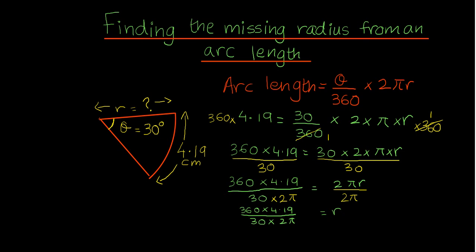And let's see what value we get for this. 360 times 4.19, just using my calculator, divided by 30, and we will divide it by another 2 pi.